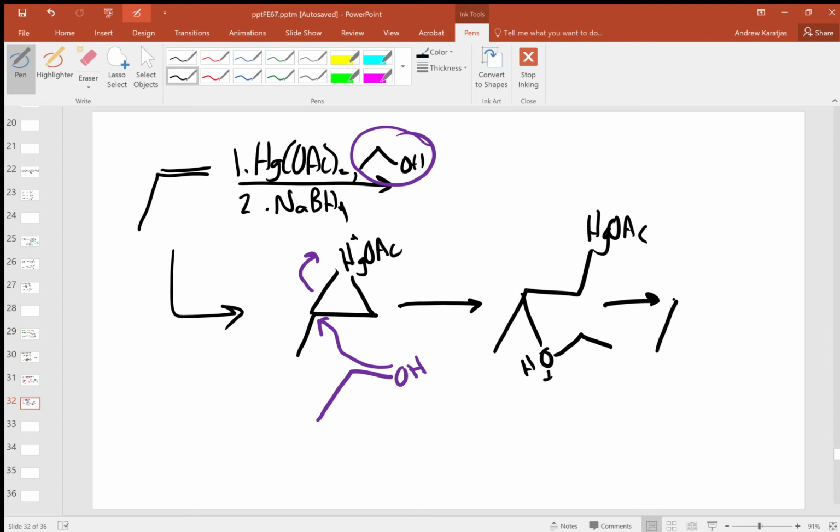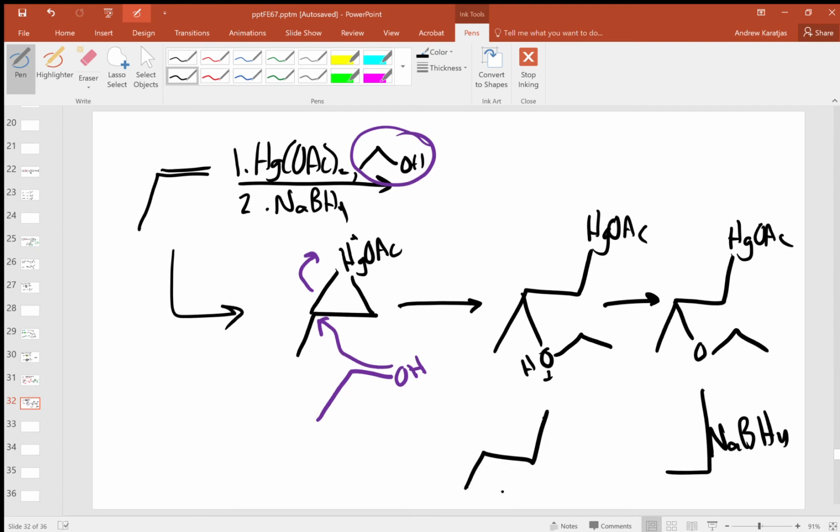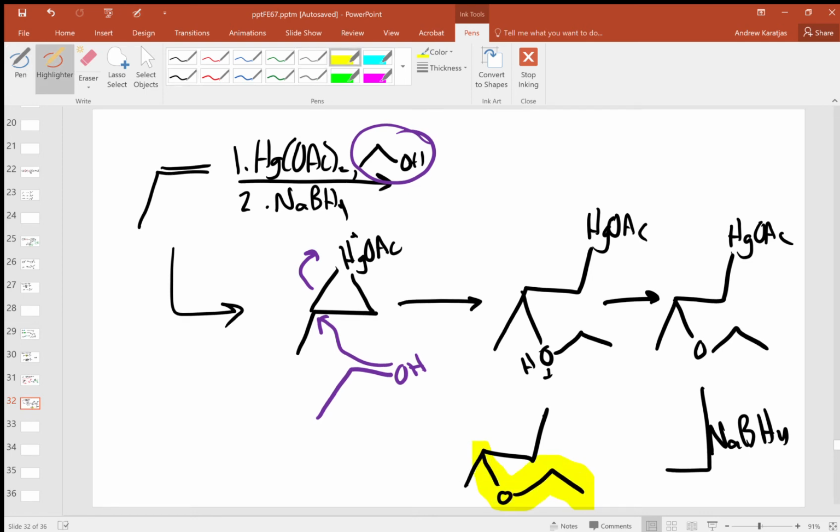That group will also lose a hydrogen. And then after sodium borohydride replaces our mercury group with a hydrogen, notice that what we end up with here is not actually an alcohol anymore, but we've actually made an ether in this case.